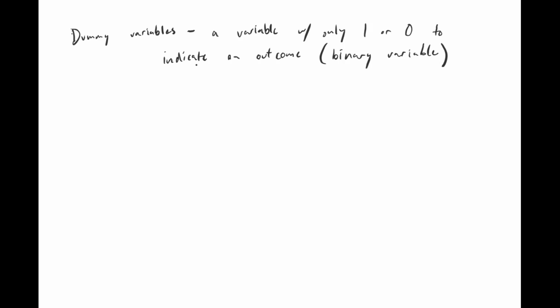You could have 1 for college degree or 0 for not having a college degree, and so on and so forth. So dummy variables help you break down your variable into only 2 possible values. It doesn't have to be 0, 1. It can be anything, but as long as there are 2 values, that's the most important thing to keep in mind.